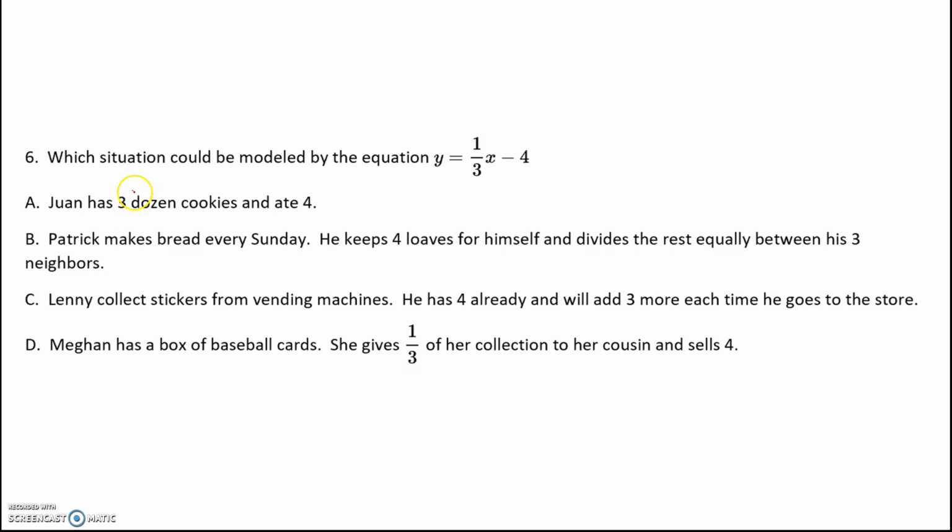Well, if he has 3 dozen and a dozen is 12, so 3 times 12 is 36 cookies, but he ate 4 cookies, so he has 32 cookies. Does that look like your equation? Let's try B. Patrick makes bread every Sunday. He keeps 4 loaves for himself and divides the rest equally between his 3 neighbors.